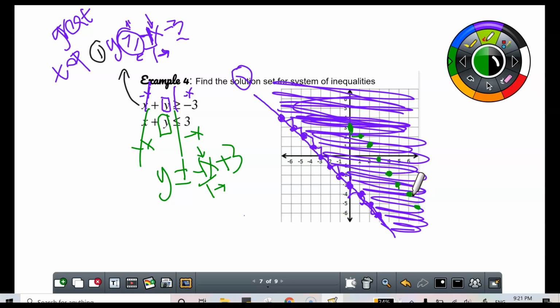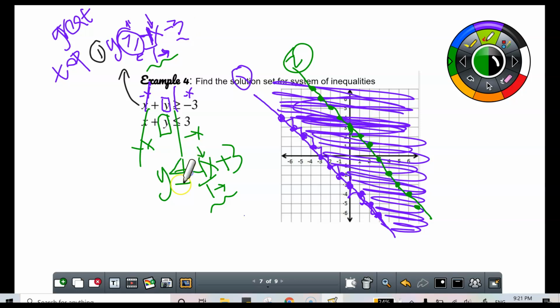In the opposite direction, you're going to go up 1, left 1, and connect the points. That's your second line. You see both of the lines. The two lines are parallel. Why? Because they have the same slope. But no matter what they are, we're going to do the shading, right?